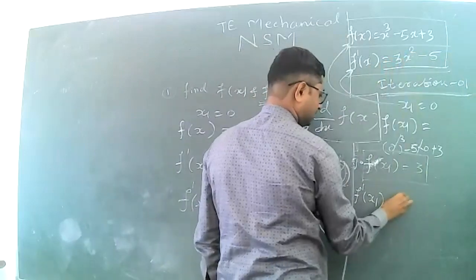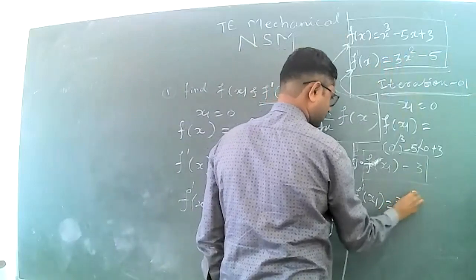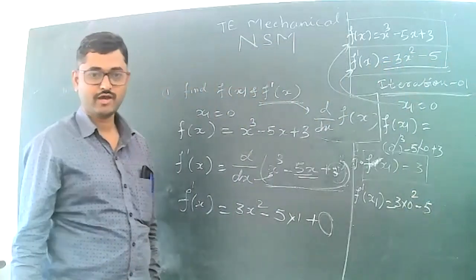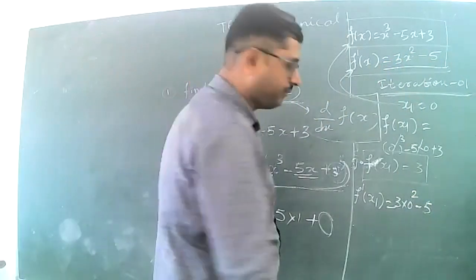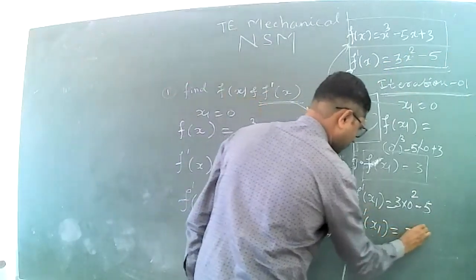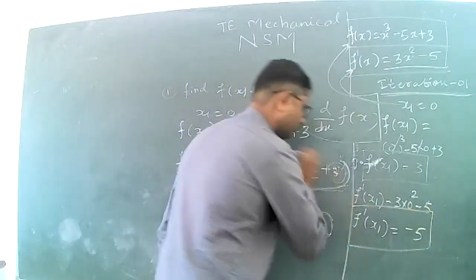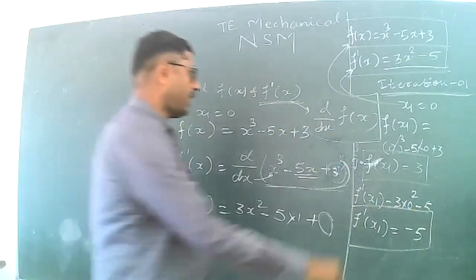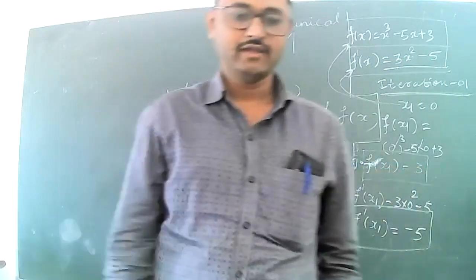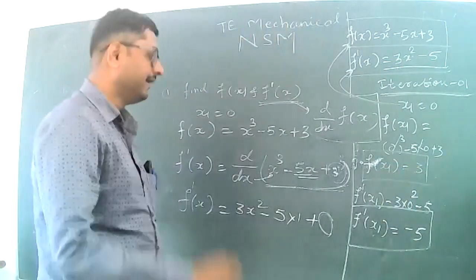That means 3 into 0 square minus 5, so f dash of x1 is equal to minus 5. F of x1 is 3, f dash of x1 is equal to minus 5.